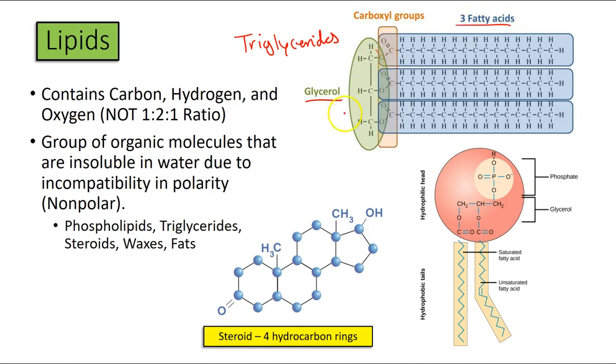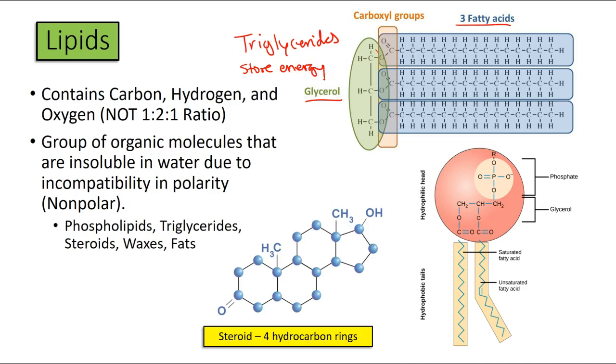So you can see the glycerol head that is bonded to the carboxyl group end of a fatty acid, and the fatty acids are just repeated CH2s, unless we get into saturation versus unsaturation, which will be a later topic. But glycerol, 3 fatty acid tails, and the triglycerides are really good at storing energy for the long term.